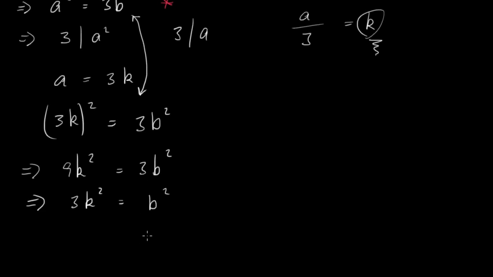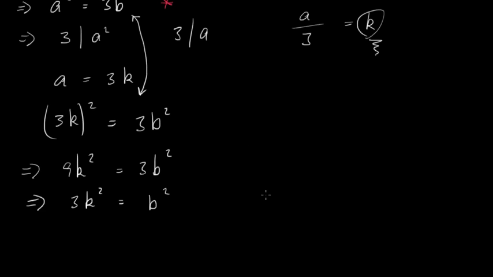Now, in this particular case, we see that b squared is some multiple of 3. Remember, b squared is an integer, k squared is an integer. So b squared is some multiple of 3. We can multiply some number by 3 to give us b squared. In this case, we're multiplying k squared by 3 to give us b squared.